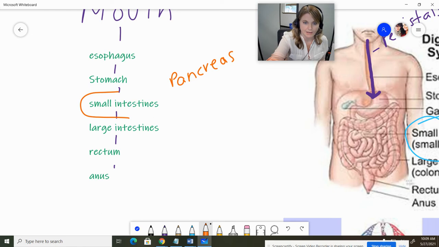The pancreas plays a role in the digestive system, and it also plays a role in the endocrine system, so it has multiple roles. We don't call it a primary digestive system organ. It's called a secondary accessory digestive system organ, because its primary role isn't in the digestive system, but it plays a role. It releases some digestive enzymes.